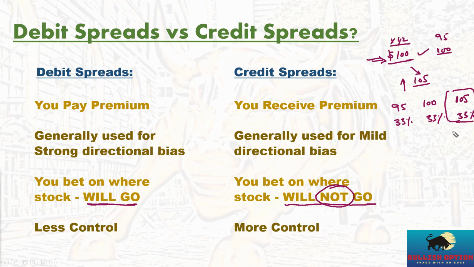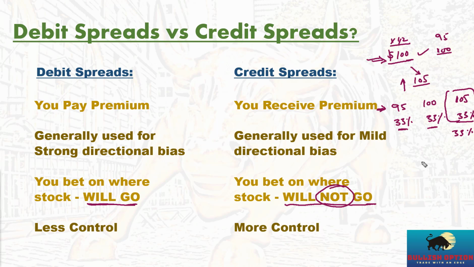So your chance of making money is 33%. But if you are betting that stock will remain above 95, you're not saying whether it will go to 100 or 105 or 96 or 97. You're not sure about that. All you are betting on is that it will remain above 95. So in this case, you have more chances of making money.